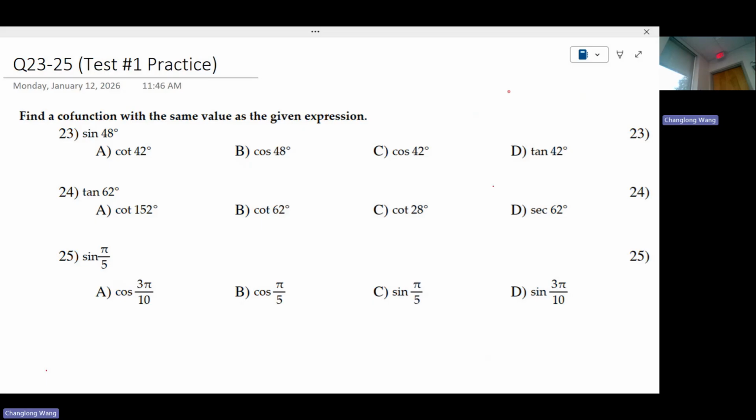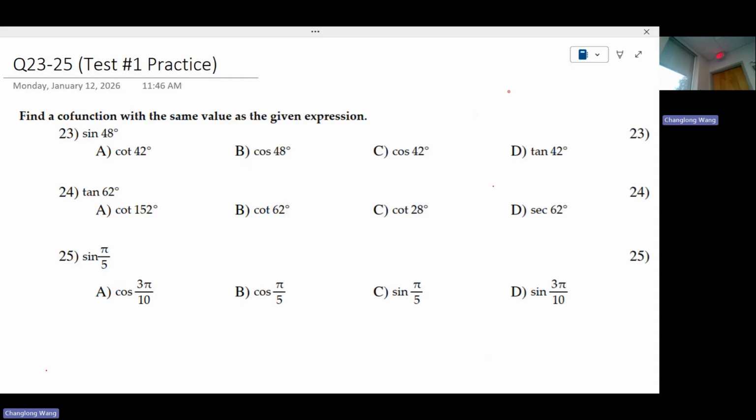Sine and cosine are related through the cofunction identity. Now, if you don't like the radians, at least you can take some strategy for multiple choice, because those guys are not very likely to be the same as each other, because they are literally different. But those two are the same, because if you happen to notice, pi over 5 and 3 pi over 10 add up to be pi over 2.